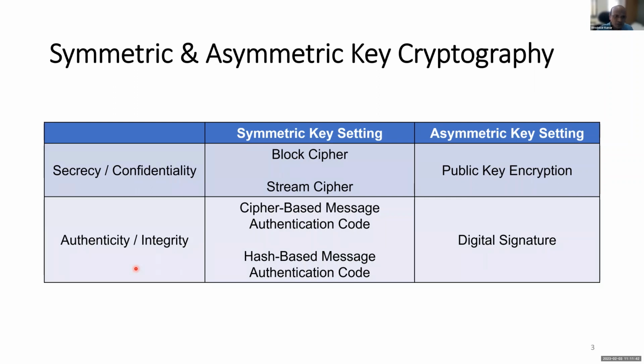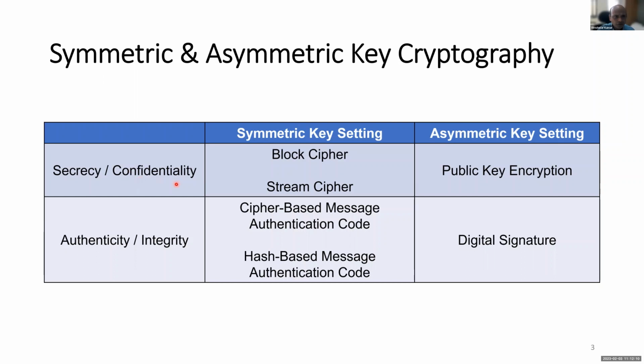These two properties could be achieved either in the symmetric key setting, where the sender and the receiver both have the same secret key, or in the asymmetric key setting, where each sender and each receiver has a pair of public and private keys. So these are the two settings in which both the properties could be provided.